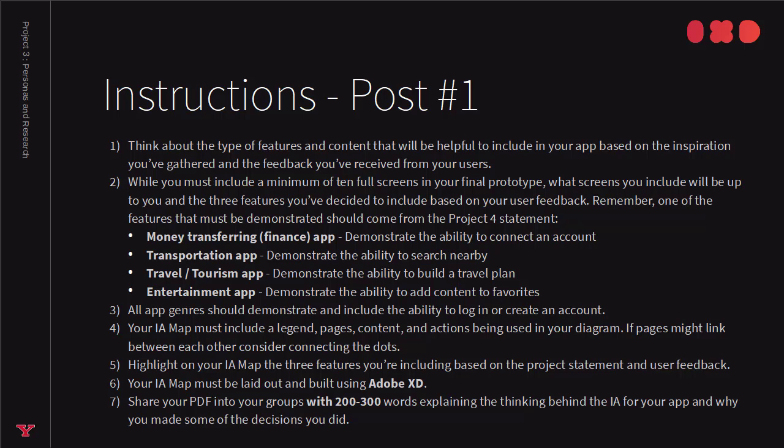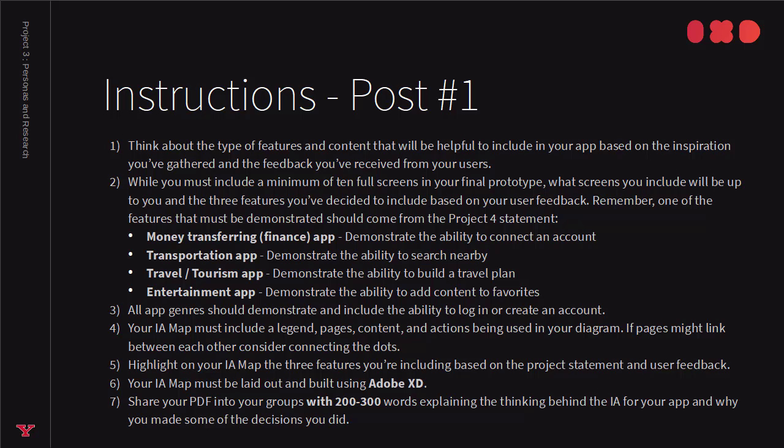First off, like we said, think about the different types of features that you want to include, the different types of content that will be helpful to be included as a part of your app based on that inspiration you've gathered and also the feedback that you've received from your user.